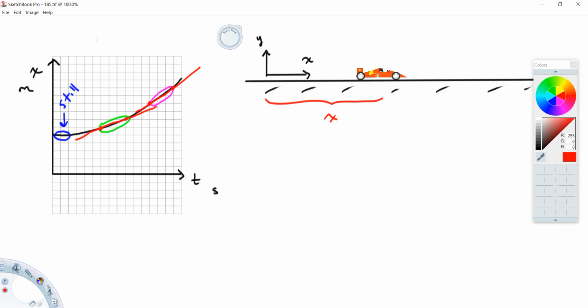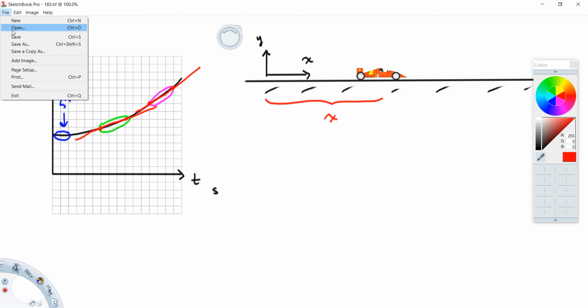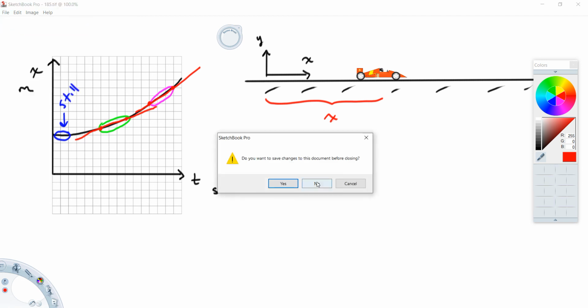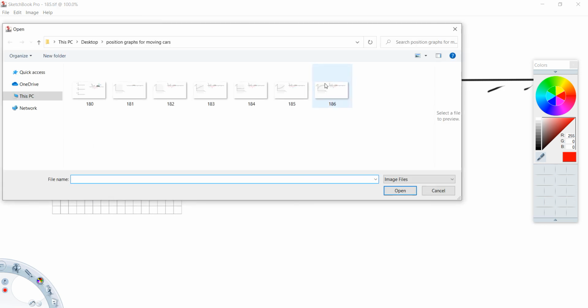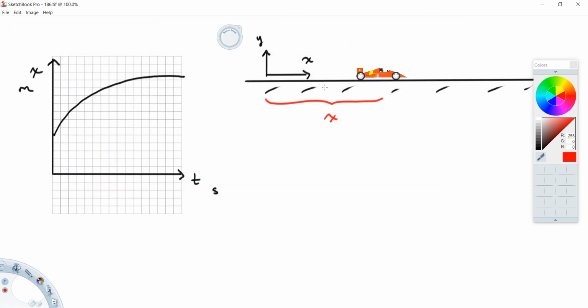All right, let me pull up another graph. Third example I want to talk about in this video. Here's a position graph against time.